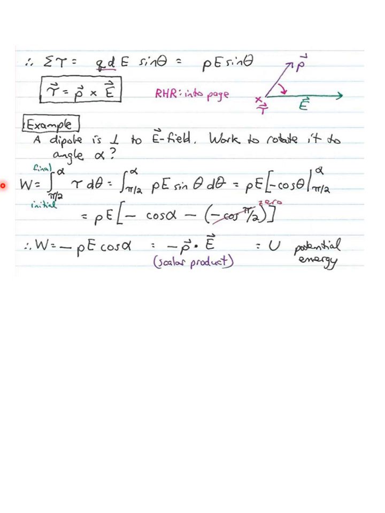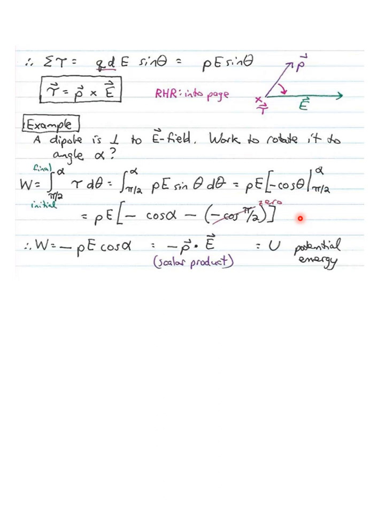We go through the calculus here. We're going to say that tau d theta, where tau as a magnitude is PE sine theta. That's what I have at the top of the page here. Taking that integral, we factor PE to the outside of the integral, and we're left with the integral of sine theta d theta, which is negative cosine theta, with limits of integration from pi over 2 to alpha.